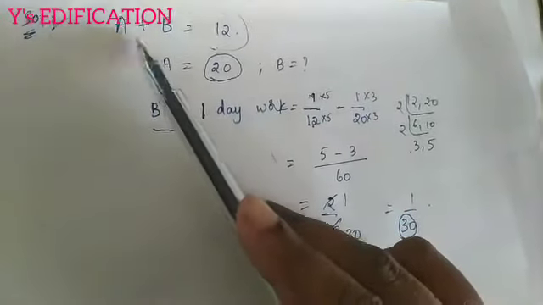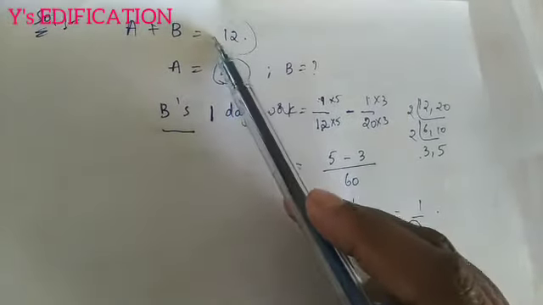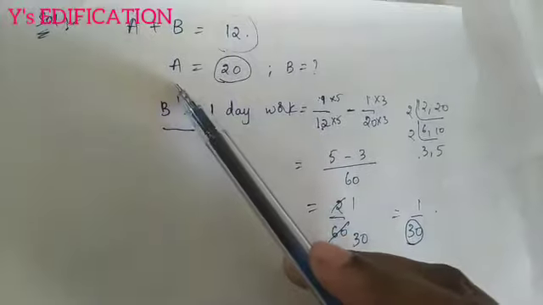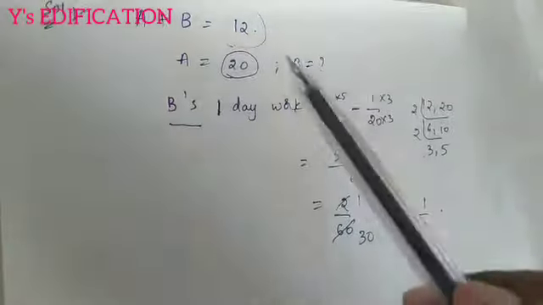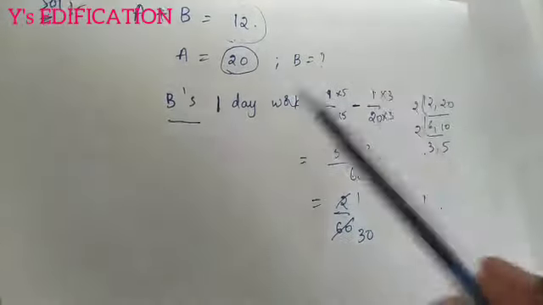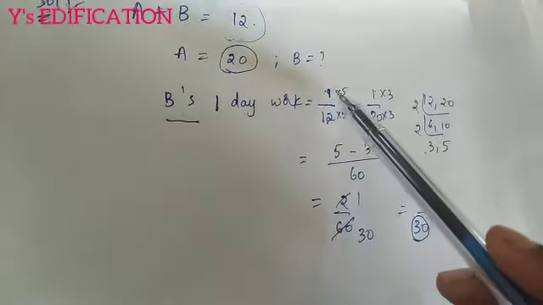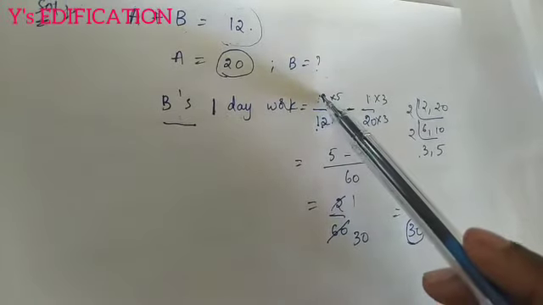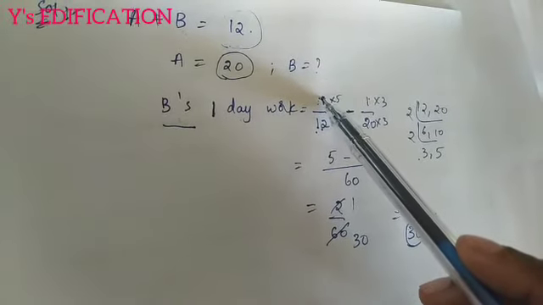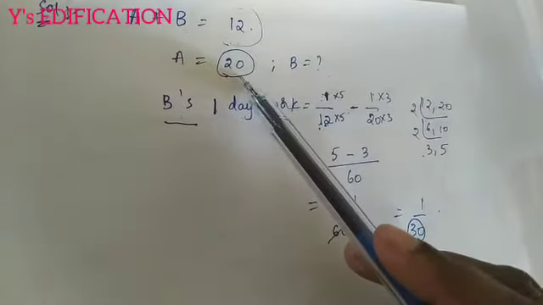Here the total work done by both the persons will take 12 days. If A alone can do the work in 20 days, how many days will B take? So that is the question. Here we are calculating B's 1 day's work. B's 1 day's work is equal to what is the total number of days together they can do? 12. Here we have to take only 1 day. That means 1 by 12 minus what is A's work here? 20.